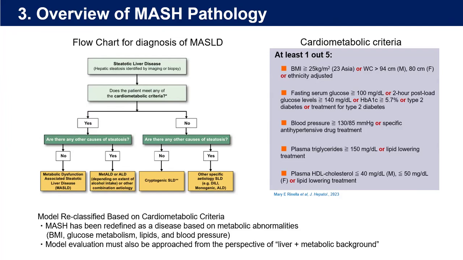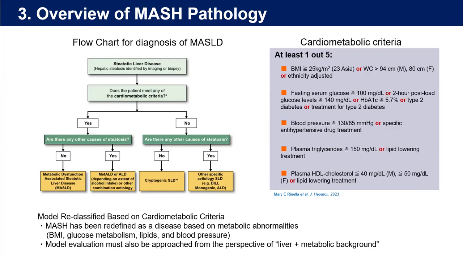Cardiometabolic criteria shown on the right are used for this purpose. As shown on the slide, the diagnosis of MASLD includes factors such as BMI, blood glucose, blood pressure, triglycerides, and HDL cholesterol, and at least one of these criteria must be met.